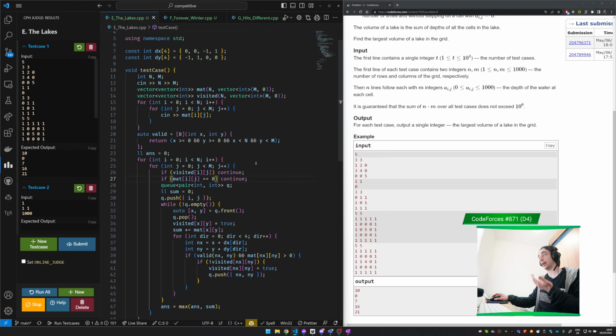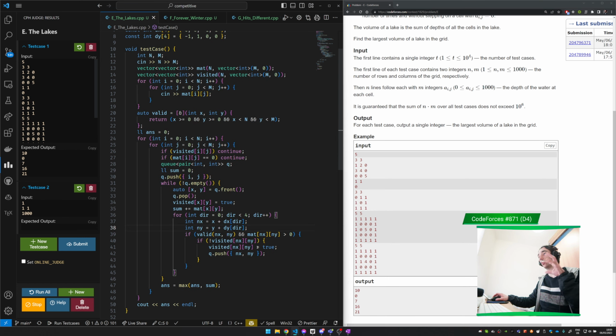For some reason I had missed this, but you can start anywhere with bigger depth than 0, and then you just traverse with BFS all of the squares which are bigger than 0 and adjacent, and just push them in the queue.